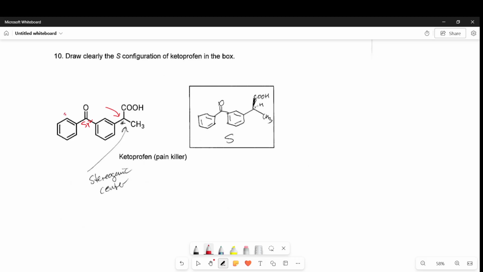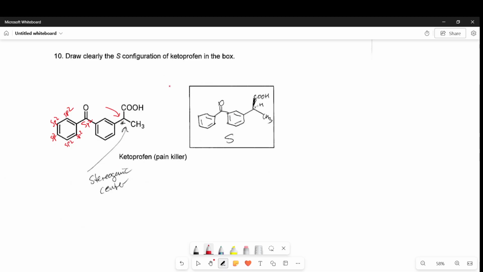There is no stereogenic center for sp2. All of these are sp2. So there is no stereogenic center for an sp2 hybridized carbon. The only stereogenic center, which has 4 different substituents, is this carbon. This is the stereogenic center.